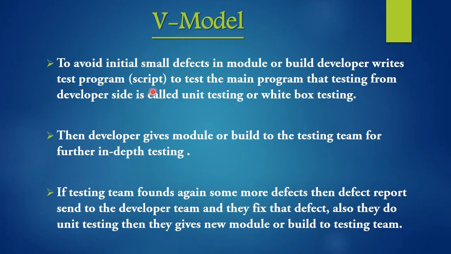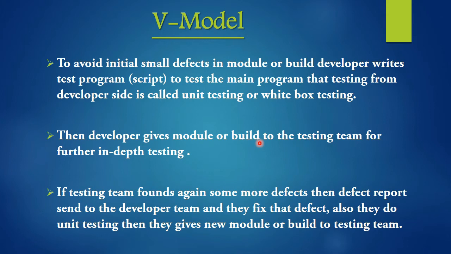To avoid initial small defects in a module or build, the developer writes a test program, that is a script, to test the main program. That testing from the developer side is called unit testing or white box testing. Then the developer gives the module or build to the testing team for further in-depth testing.